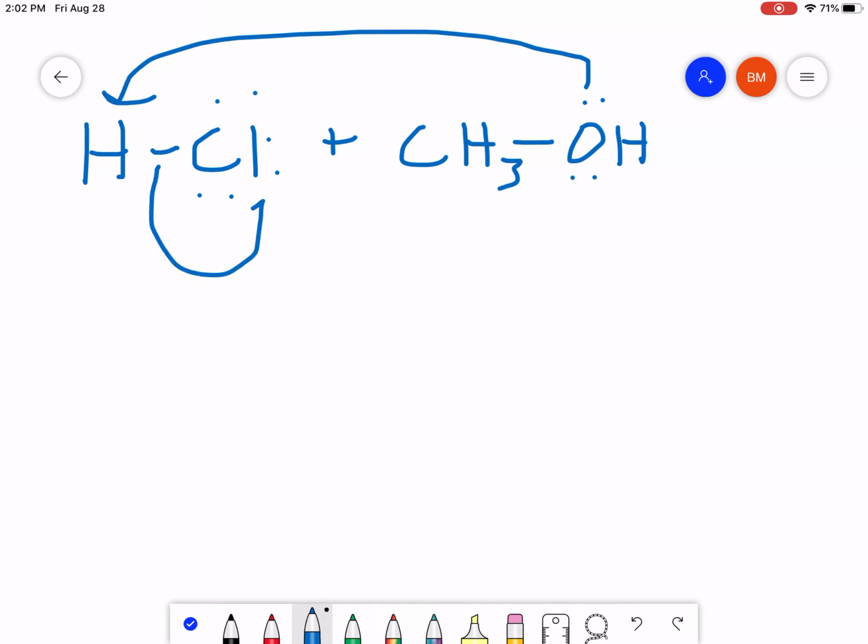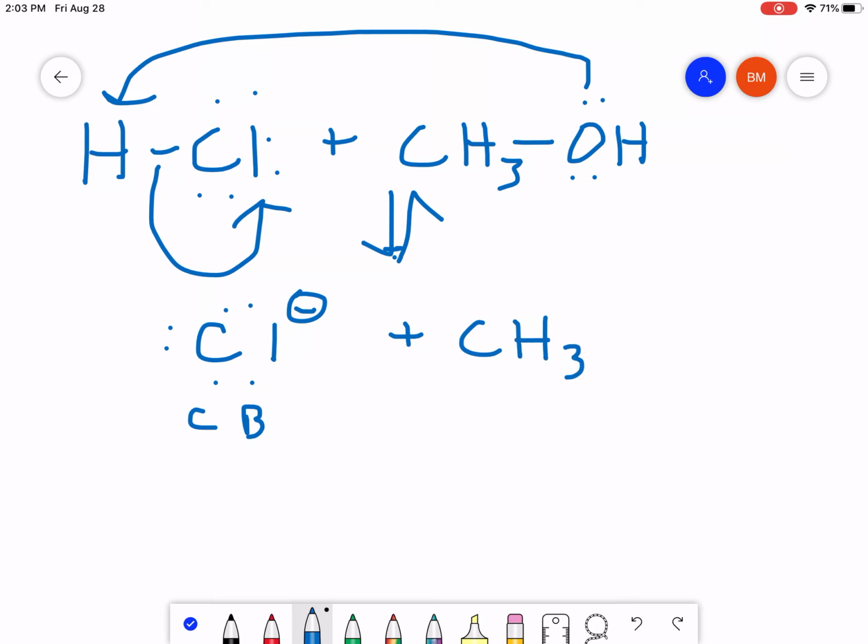These electrons will go back over to the chlorine and, oops, we get Cl minus as our conjugate base and CH3OH with an extra H on it as our conjugate acid. All right? Yeah, very, very simple.